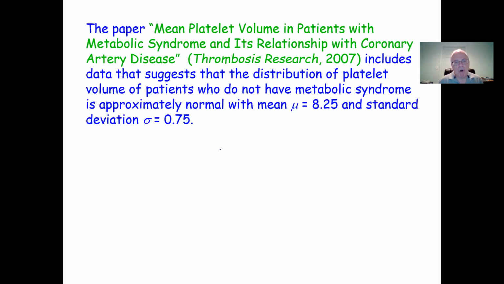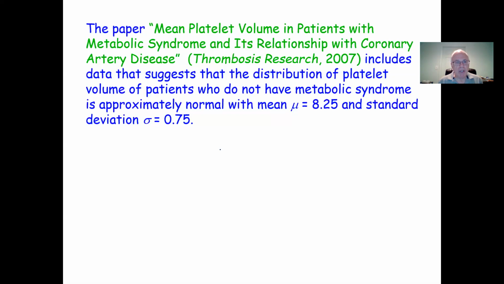So this is an example of a more complicated case here. It's a scientific paper that talks about the mean platelet volume in patients with metabolic syndrome and its relationship with coronary artery disease. That is a big mouthful of words there.